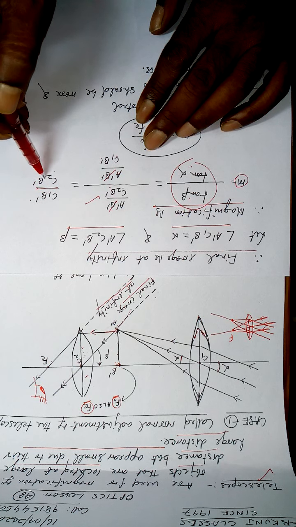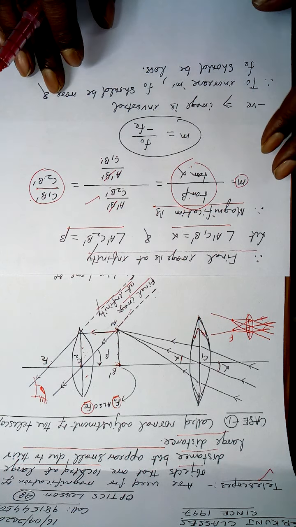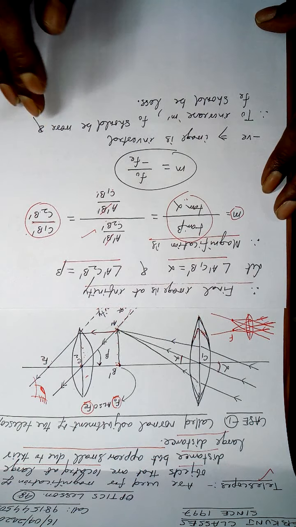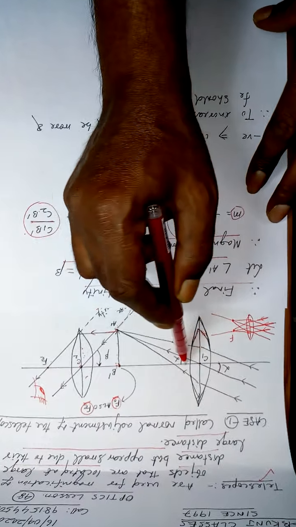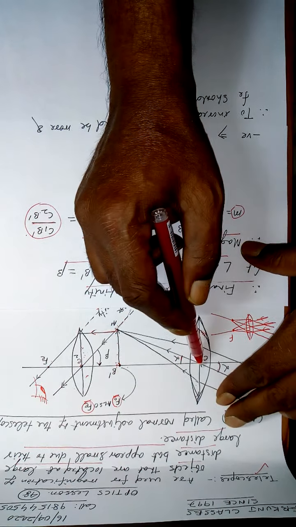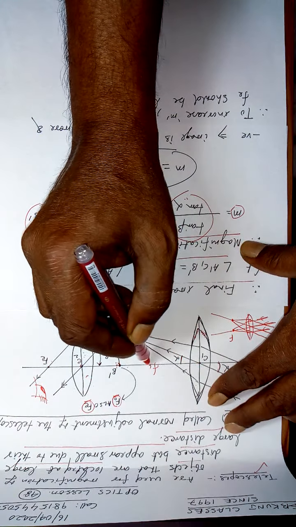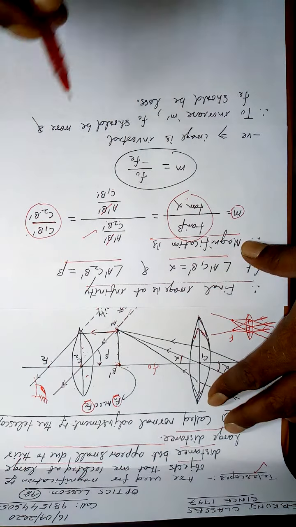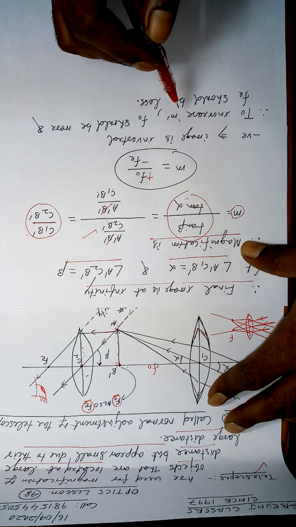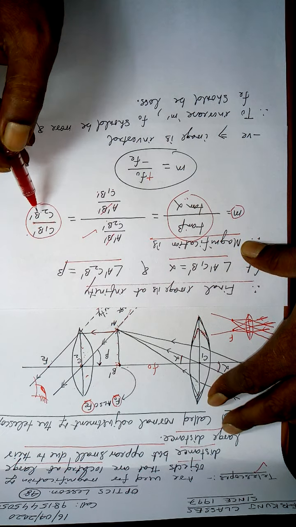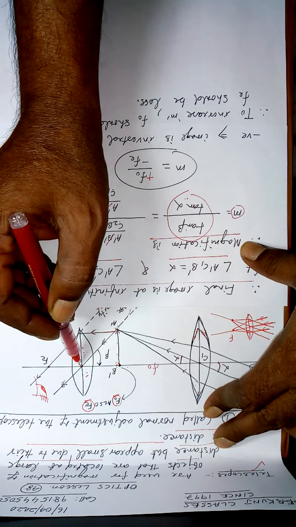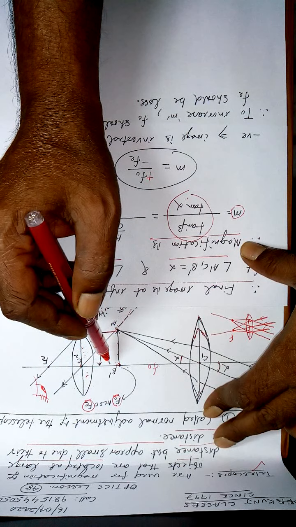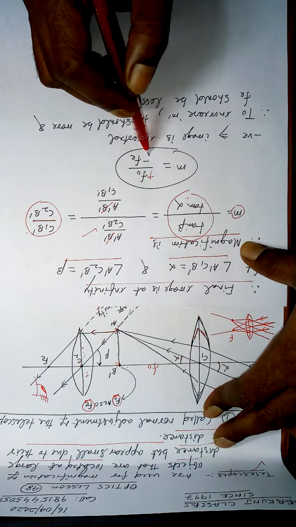Now let us see what these are from the diagram. C1 B dash is the focal length of the objective lens, equal to FO in the direction of light, therefore positive FO. C2 B dash is the focal length of the eyepiece opposite to the direction of light, that is minus FE.